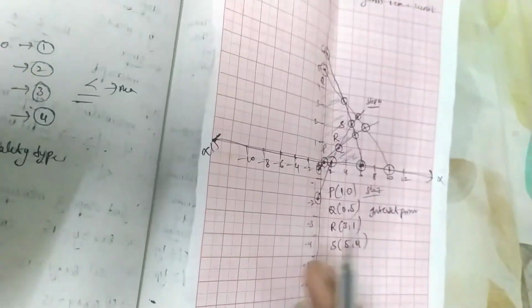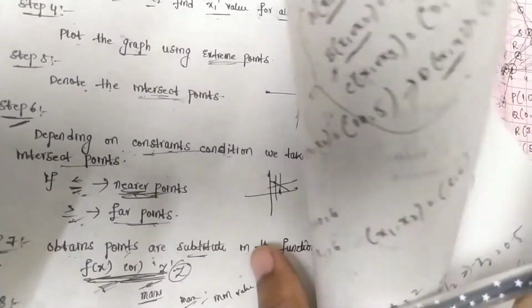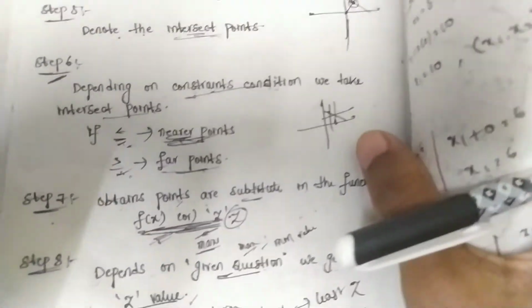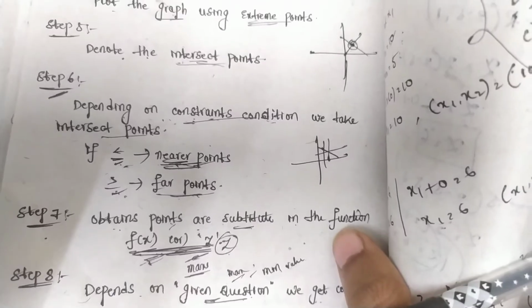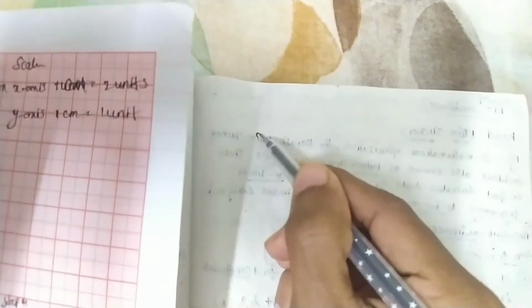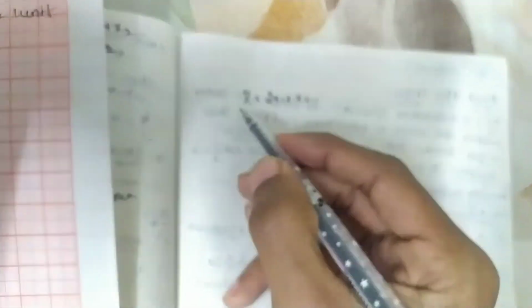So you can see in step 6 we take these points and obtain the intersect points. In step 7 we have to substitute the obtained points in the function z. So z equals 2x1 plus x2. First of all, take point P of 1 comma 0.